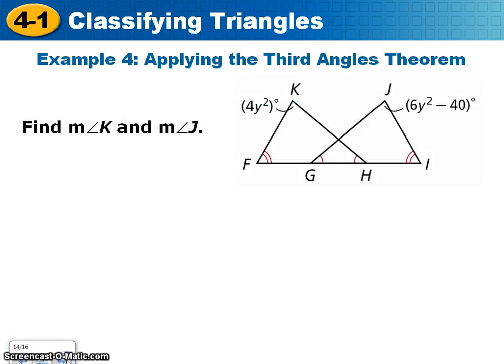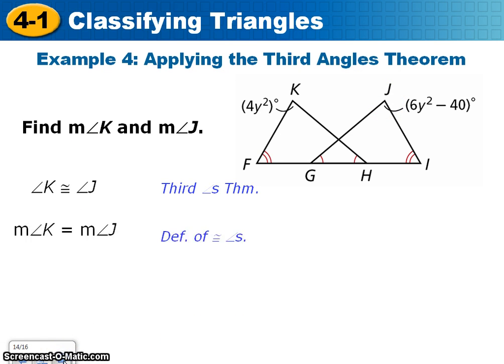Now we have a couple of uses of the third angles theorem. In this diagram, we have two triangles that overlap. They have tick marks at angles F and I, so those two angles are congruent. They have tick marks at angles G and H, so those two angles are congruent, which means by the third angles theorem that angles K and J must be congruent. So their measures are equal.